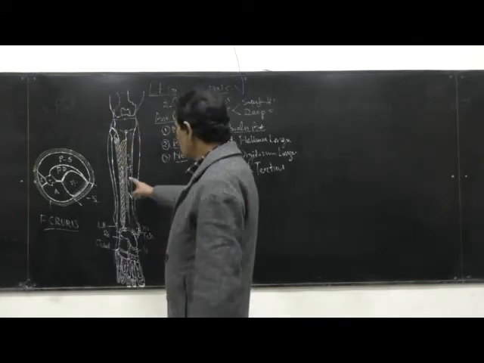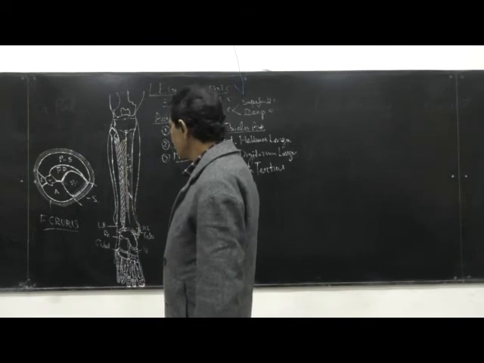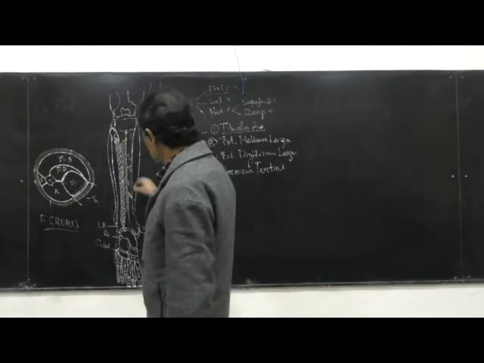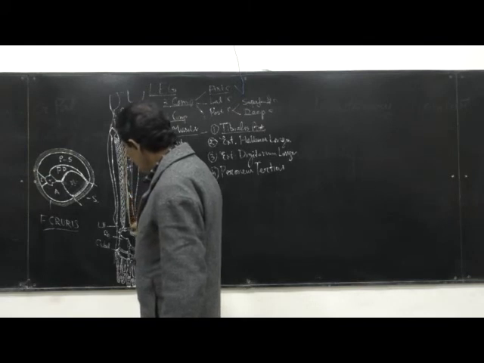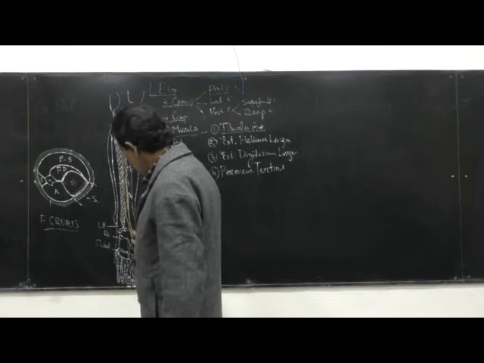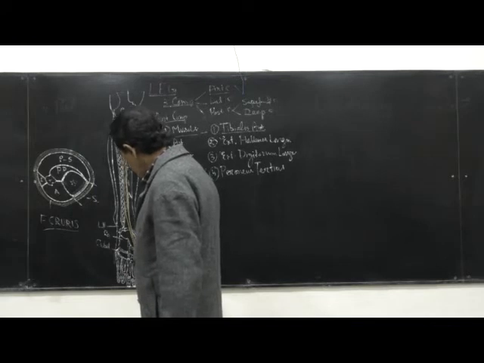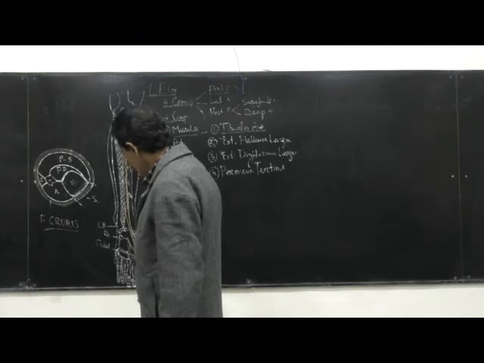So origin, then the insertion. Now this tibialis anterior tendon will go downward in front of the ankle joint, and this tendon marches medially, and it will be inserted on the medial surface of the medial cuneiform bone, or the medial surface of the base of the first metatarsal.